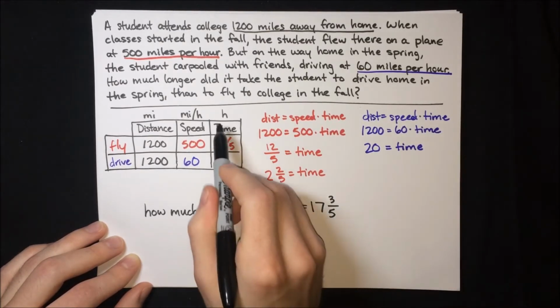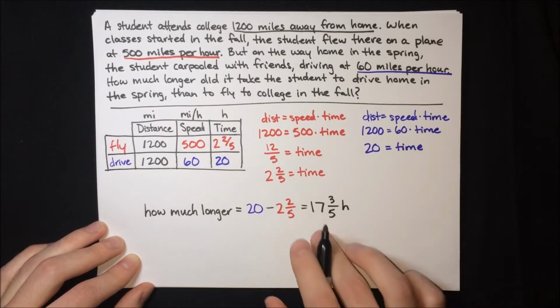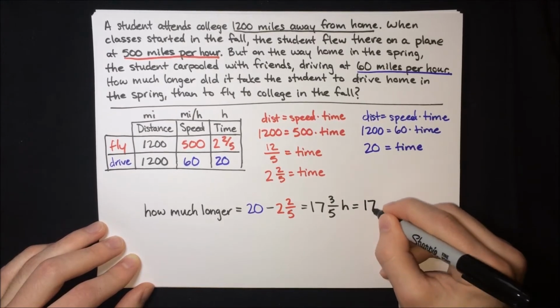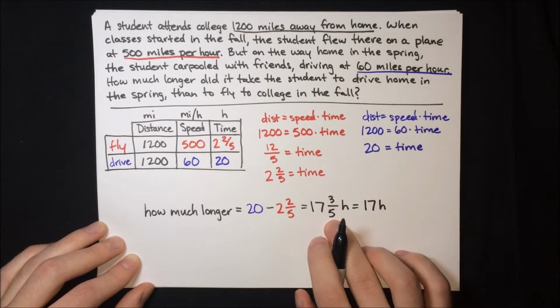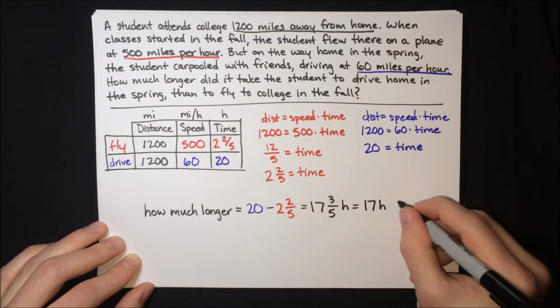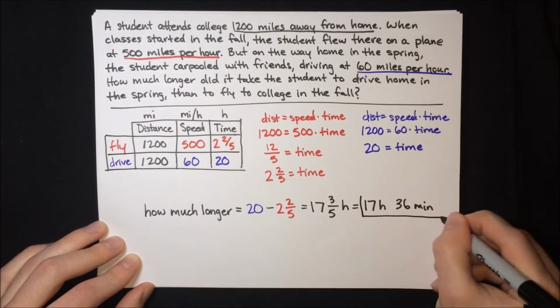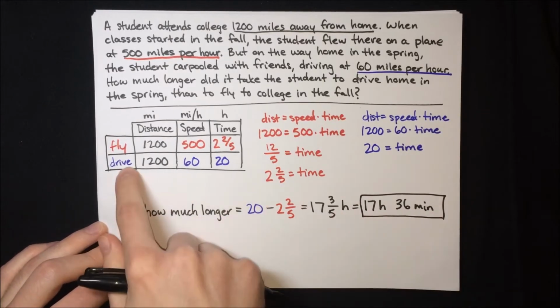And remember that's in hours, that's our unit. We can convert that to be a little bit nicer: 17 hours, and 3/5 of an hour is, well, 1/5 of an hour is 1/5 of 60, which is 12 minutes, so 3/5 is 36 minutes. So that's our solution. That's how much longer it took to drive than to fly.